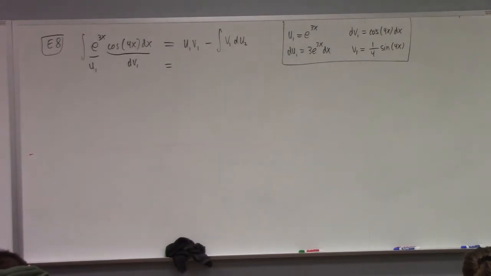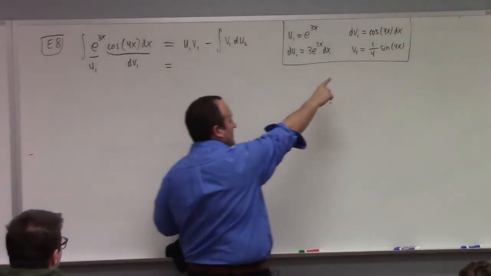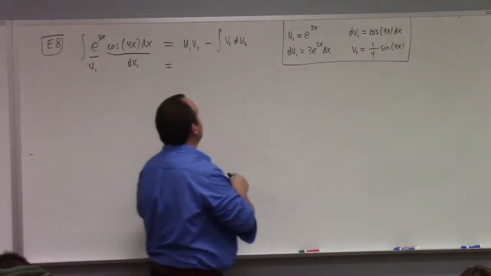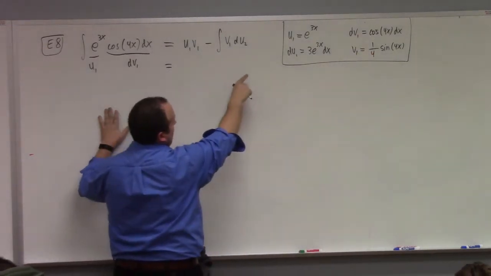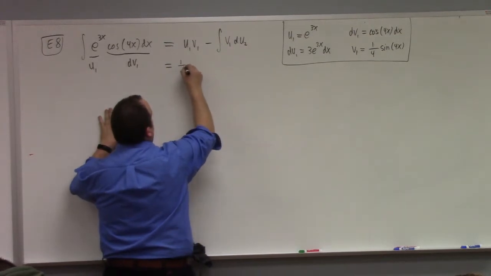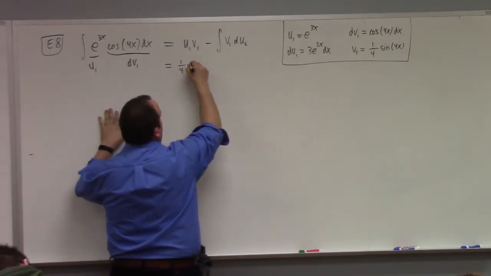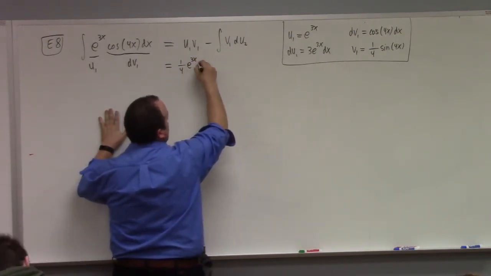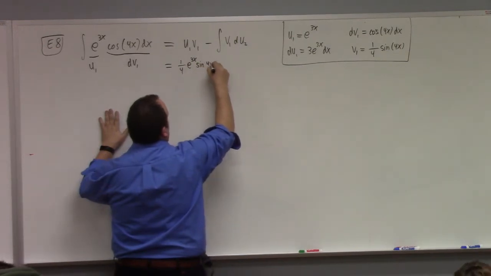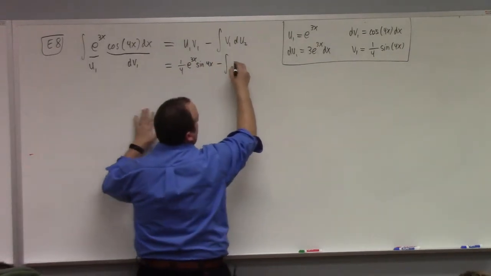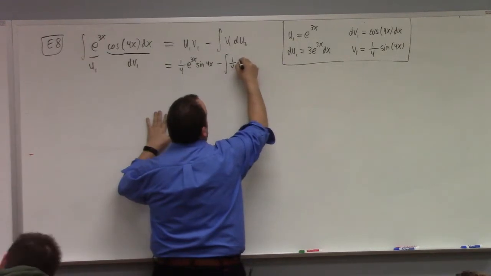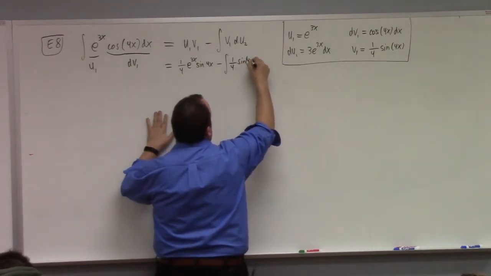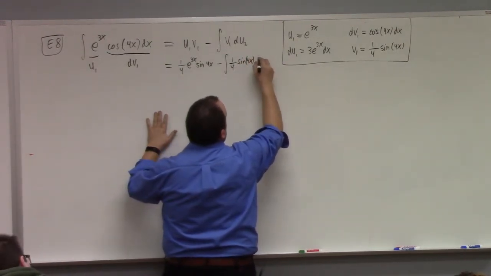If you need to write it down, fine, but I'm not going to write that down. All right? Now, this gives us 1/4 e to the 3x sine of 4x minus the integral of 1/4 sine of 4x du.